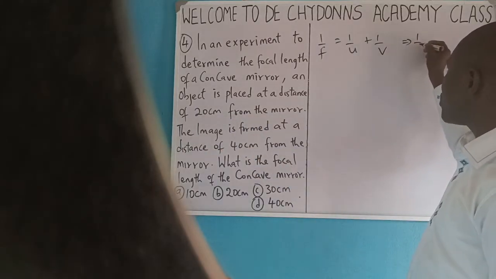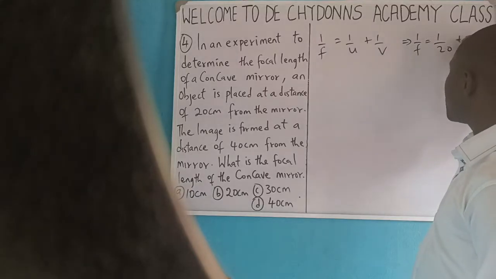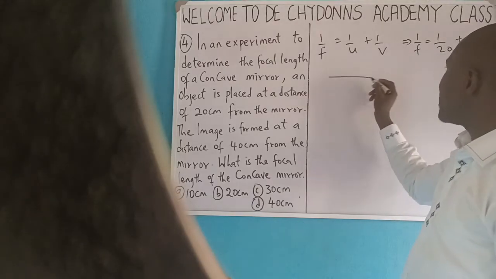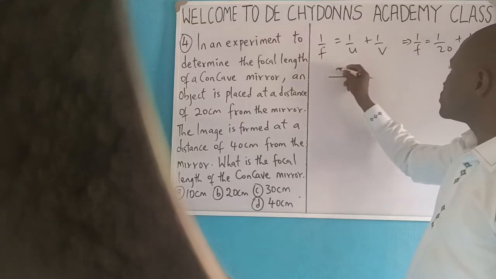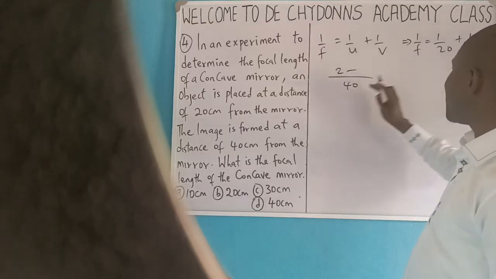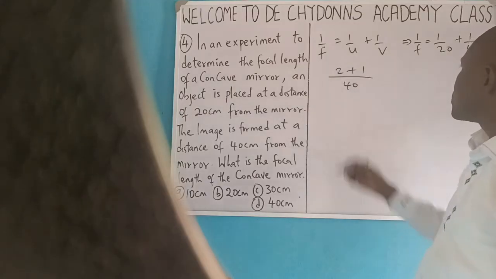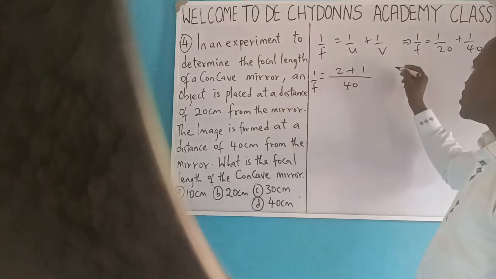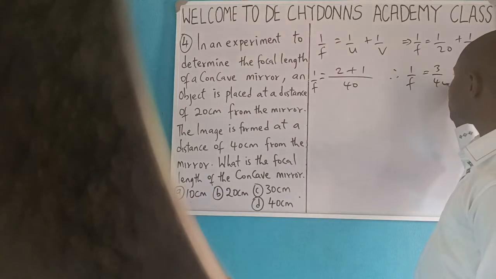That means 1 over f is equal to 1 over 20 plus 1 over 40. I will look for their LCM, 40. 20 divided into 40 is 2, times 1; 40 divided into 40 is 1, times 1. That equals 1 over f. Therefore, 1 over f is equal to 3 over 40.